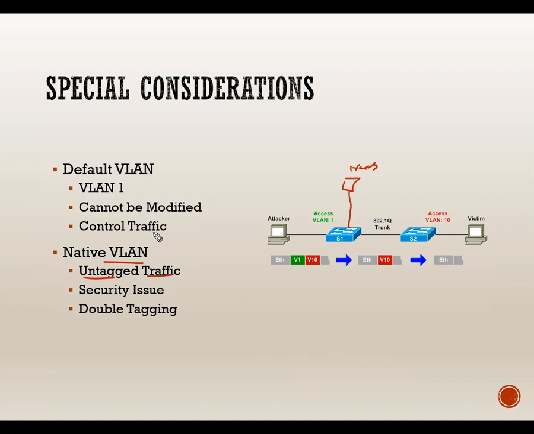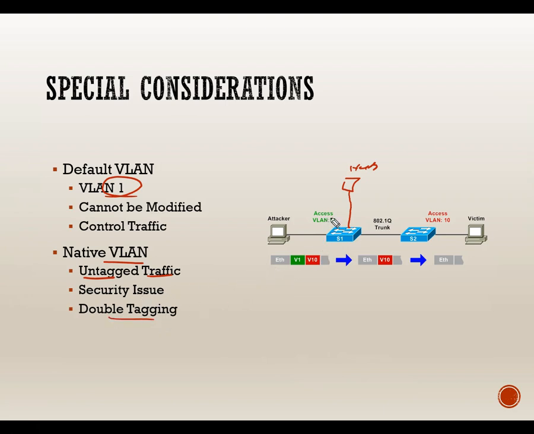Also, we may use some control traffic as untagged. And this is the native VLAN. By default, the native VLAN is the default VLAN. A lot of defaults there, but VLAN 1. We can change the untagged VLAN, and should, to something that has no ports on it, because of the security issue with double tagging.